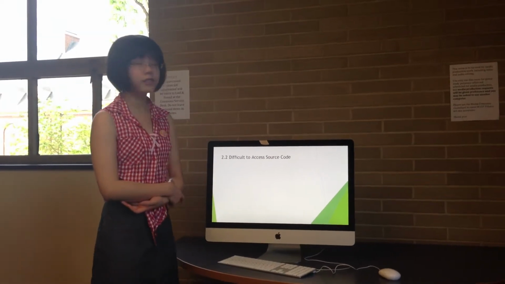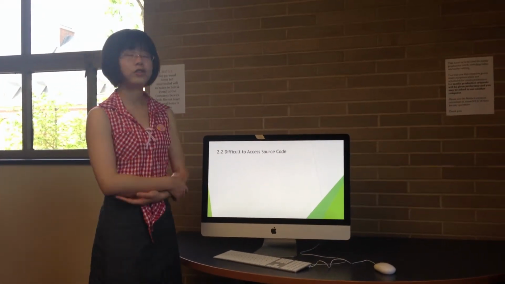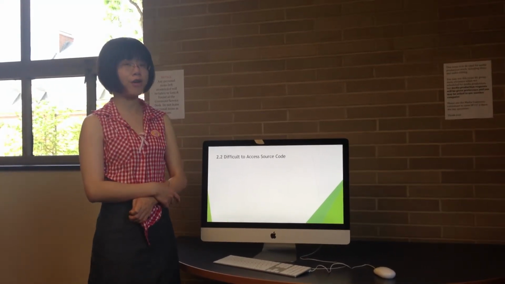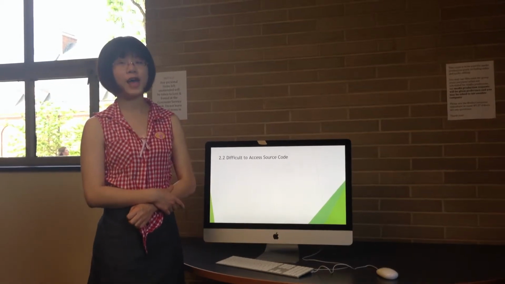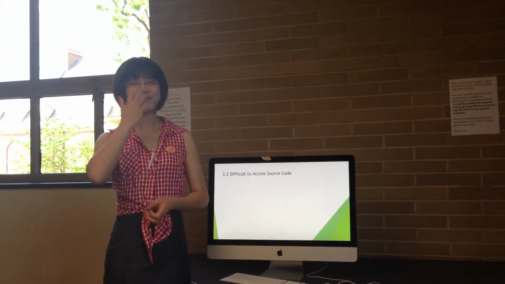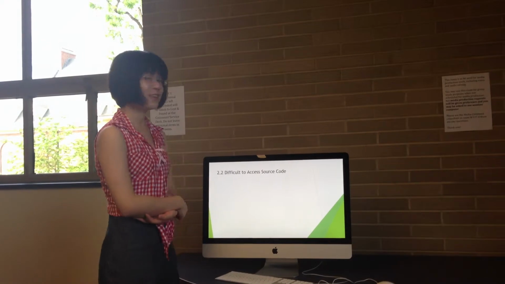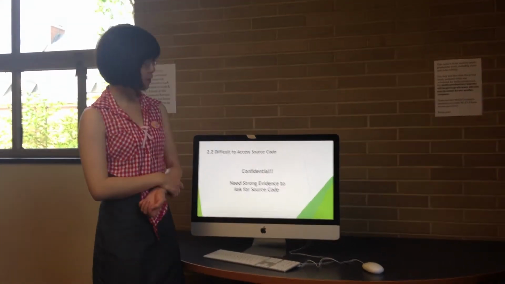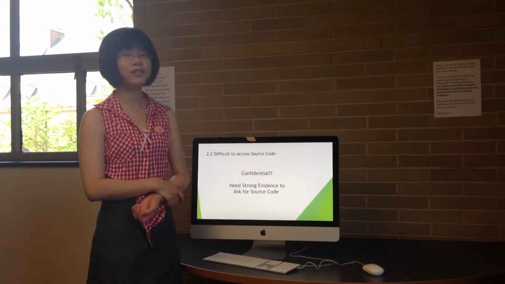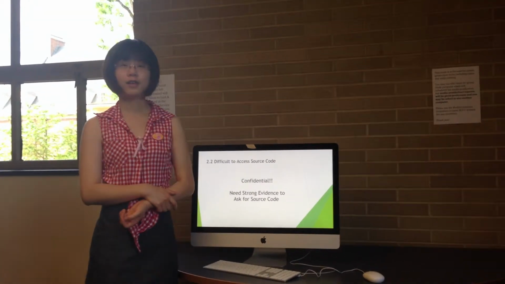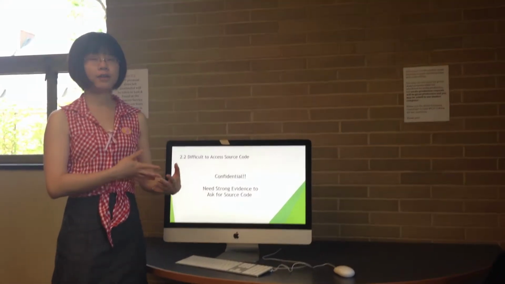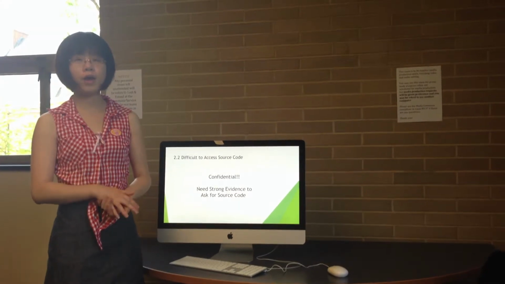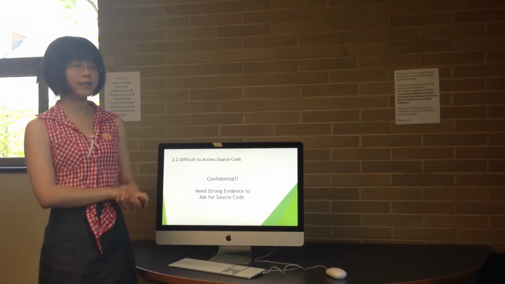Now the next challenge is that it's very difficult to access source code. So I want to ask another question. Why is it difficult to access source code? Because it's confidential? Yes, it's very confidential, and so it needs strong evidence to ask for source code. Like the story I mentioned before, at first it's impossible for Compuware to ask IBM for the source code.